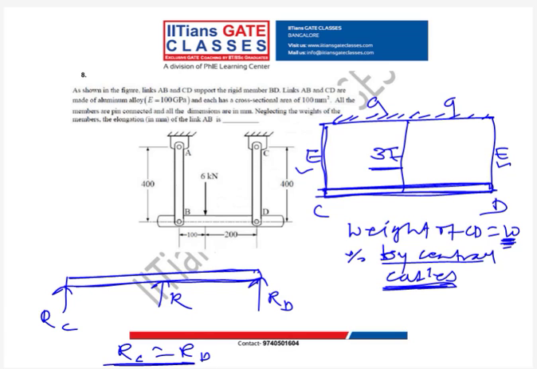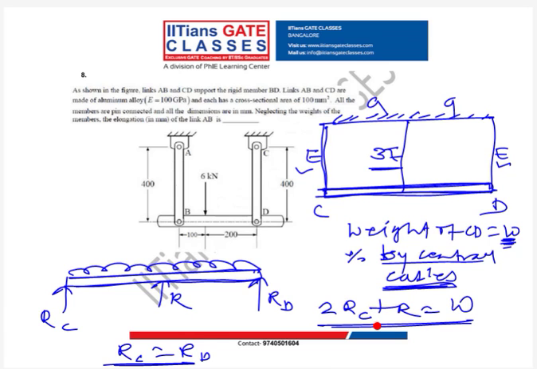The total weight is W. So what will be your equilibrium equation? 2RC plus R is equal to W. Now this is the one equation.